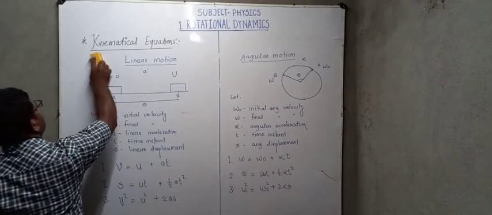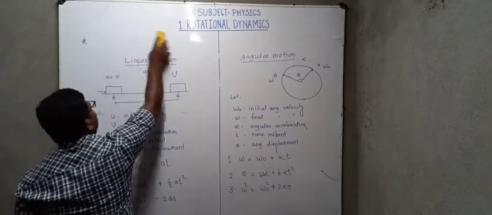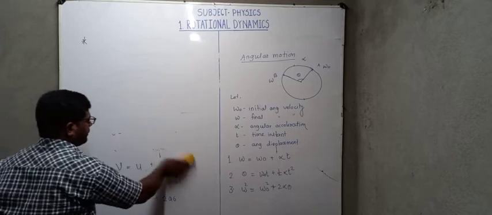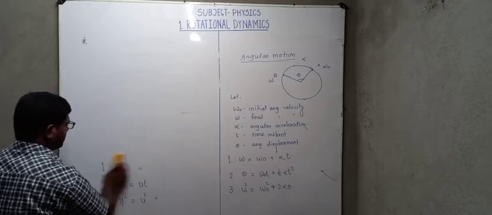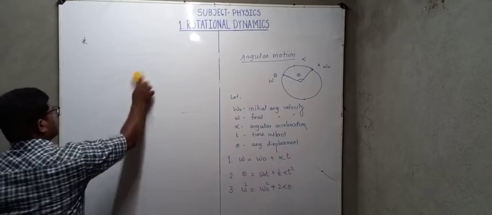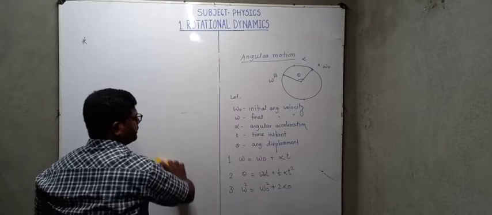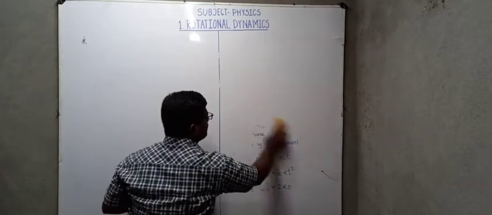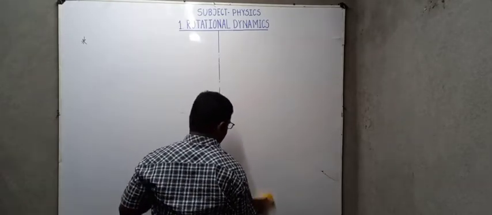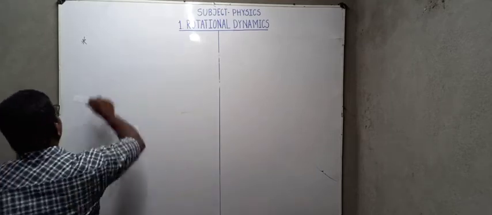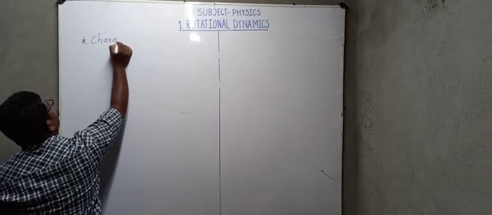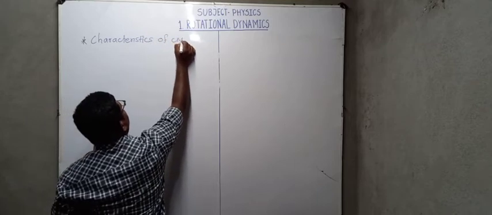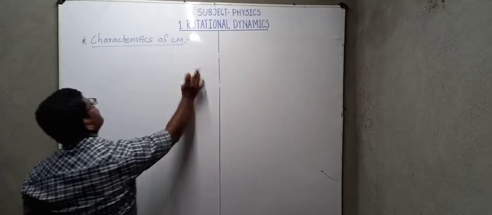Now the next article of the topic is characteristics of circular motion.